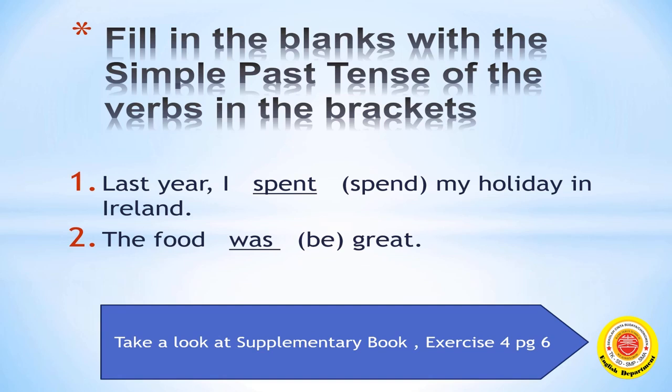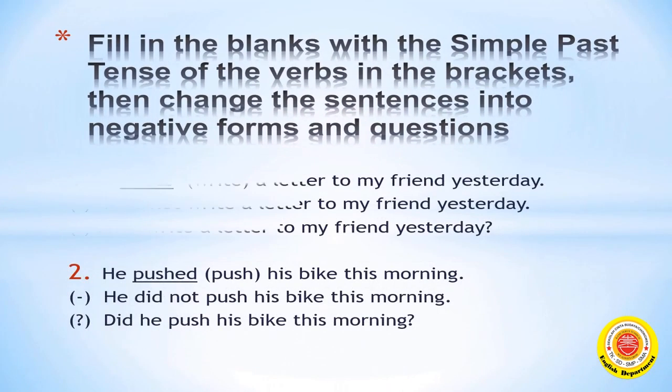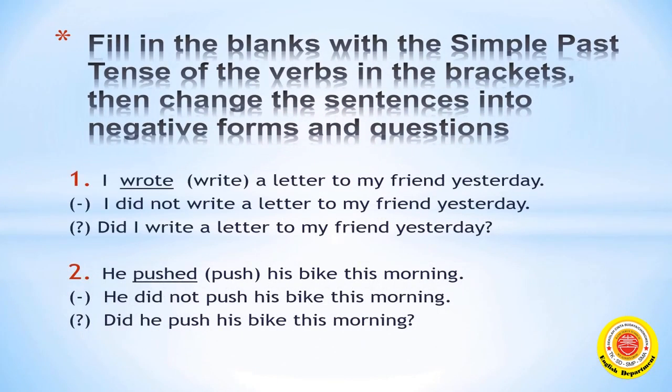Okay. And now take a look at supplementary book exercise 4 page 6. Fill in the blanks with the simple past tense of the verbs in the brackets. Then, change the sentences into negative forms and questions.